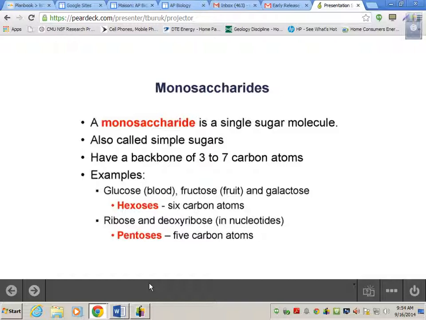It has a backbone of 3 to 7 carbon atoms. If I'm glucose, I have 6. Some examples of those are glucose, that's in our blood, fructose, that's a fruit sugar, and galactose, which is known as grape sugar. That's what a lot of scientists label that one as. But these 3 monomers are basically what are going to make up all of your other polysaccharides or disaccharides. So if I say it's a hexose, it's a 6-carbon sugar.